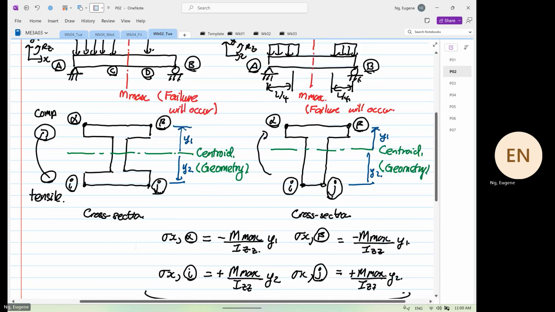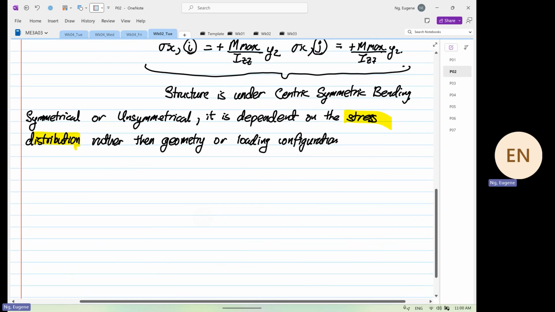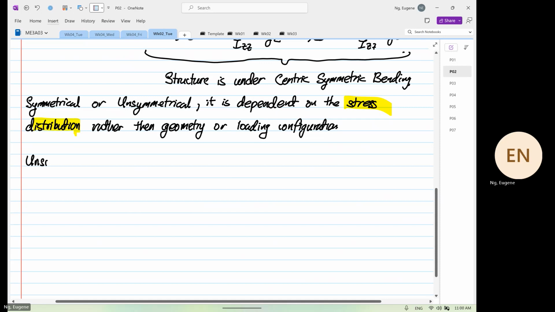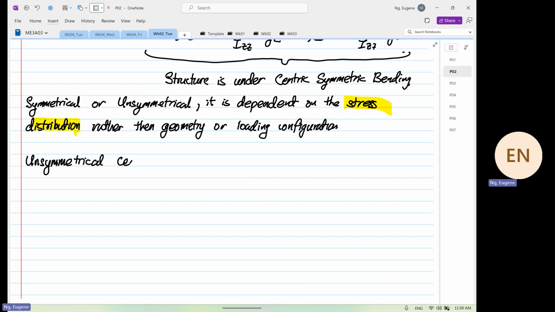We are going to look at unsymmetrical centric bending. So when does unsymmetrical centric bending occur? That's where the tricky part is.